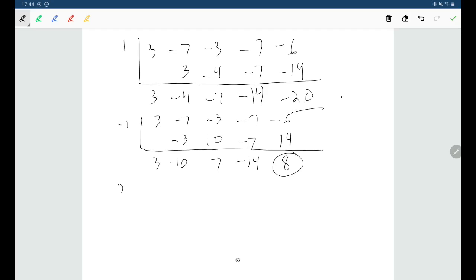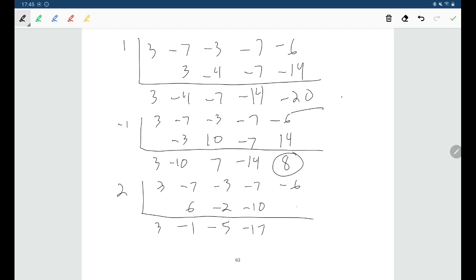Okay, continue along with 2. Multiplying and adding, and again, nope, it's not.